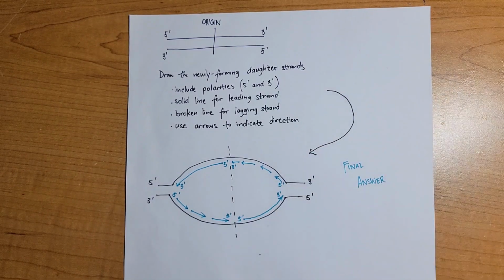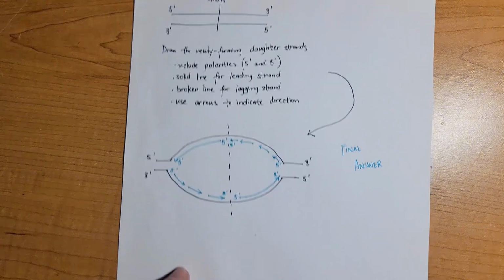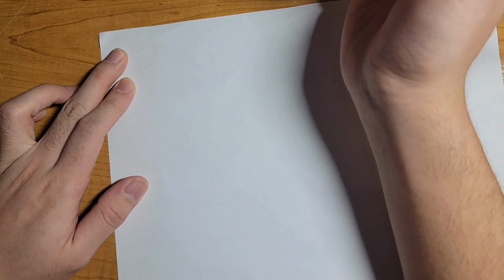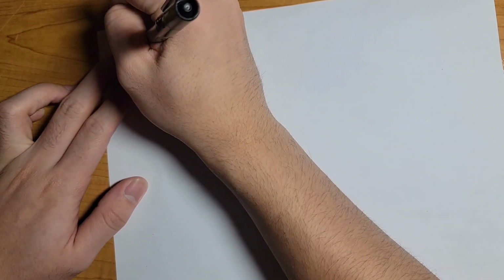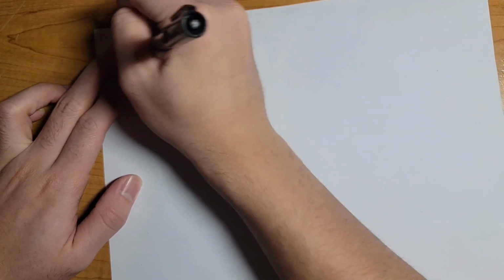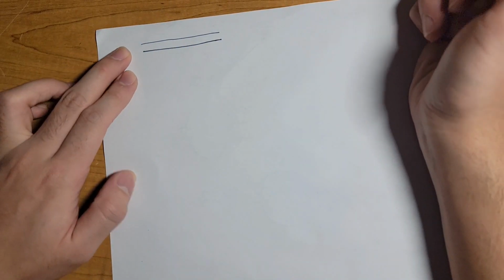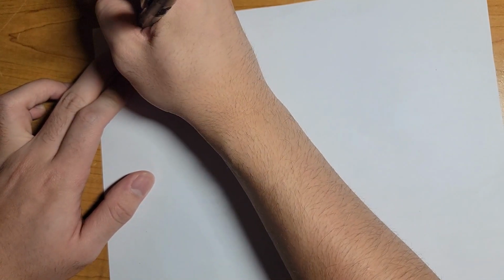Alright, so let me start with showing you how to do it. As mentioned in class, we know that DNA is double-stranded, and double-stranded DNA is anti-parallel. So I can draw something like this. Let's say the top strand is 5' to 3'.